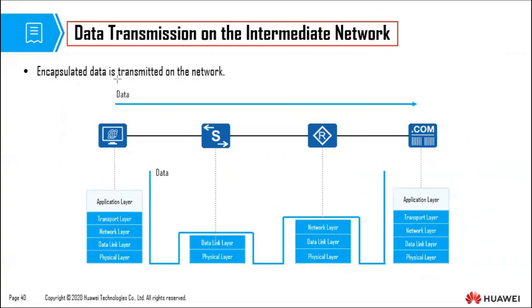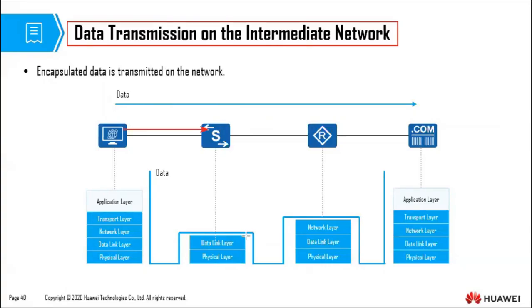It's important that you also understand this. So when we send this data to the switch, the switch is going to open it up to the data link layer. Are we together? Because the switch simply needs to know the destination MAC address.